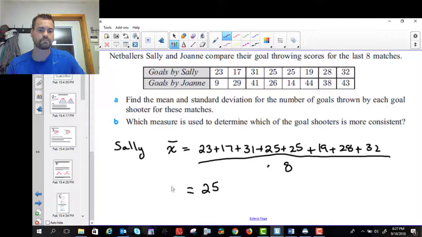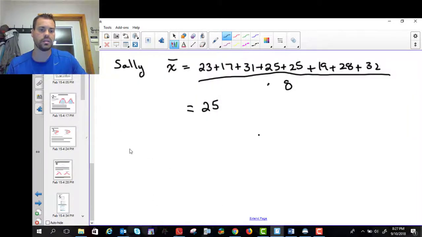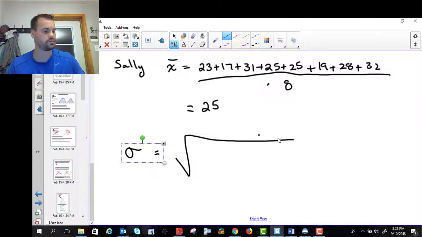All right. And then to get the standard deviation, we take each number. So it's the square root, first of all, of each number.